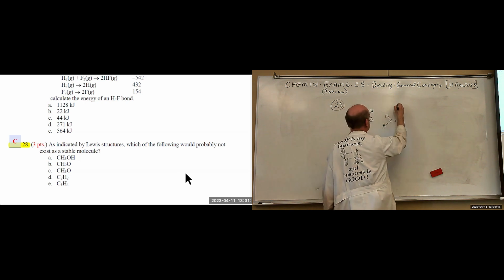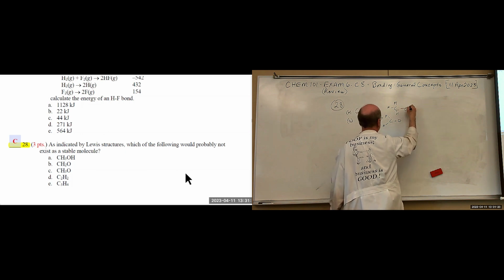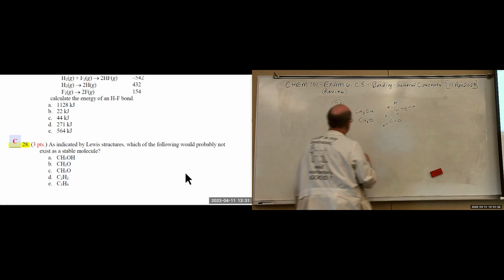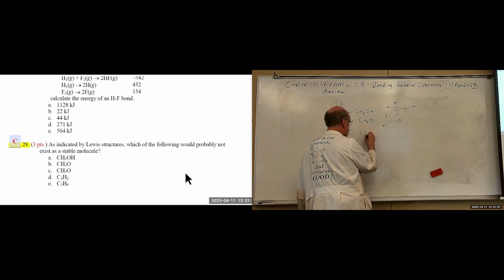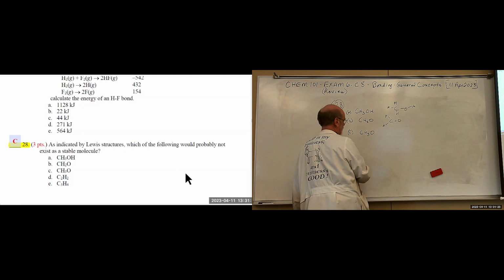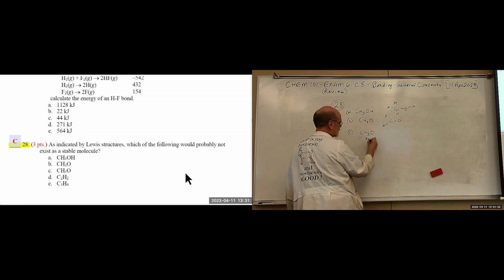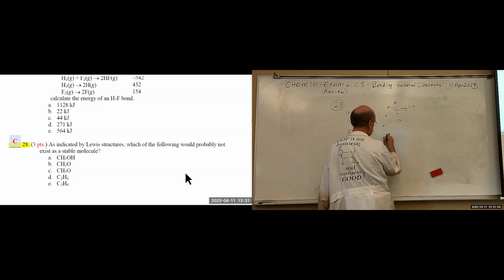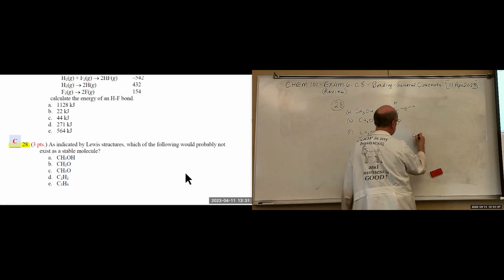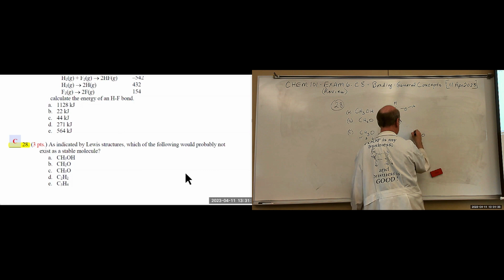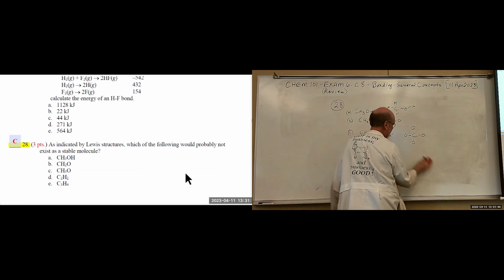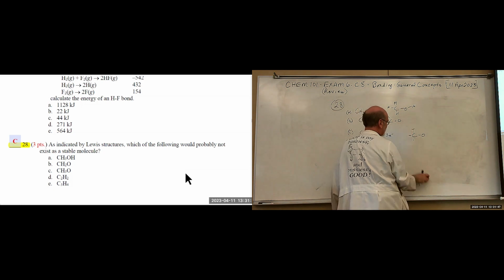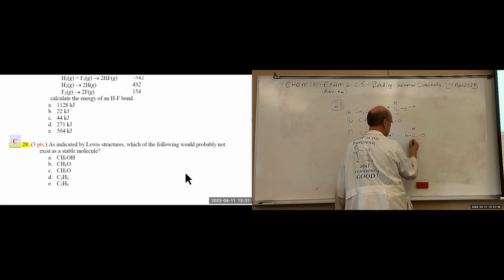This one goes like this, and then O and then H. How about CH3O? I don't even know what that is. This is 4 and 3 and 6, so there'd be 13 electrons. So if we put carbon in the middle, oxygen here, hydrogens around.